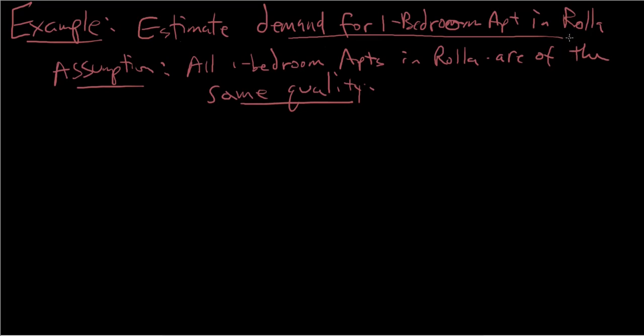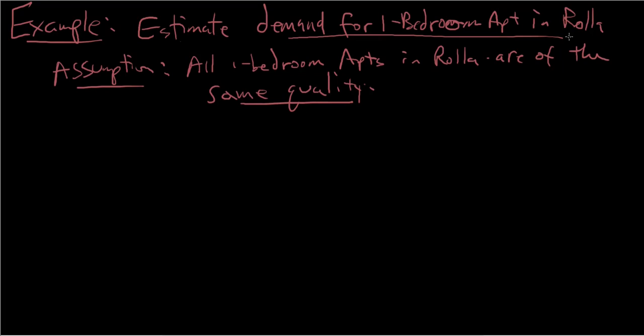Again, the idea here is that we want to find out buyers' willingness to purchase, in this case, to rent the apartment, right? If you do the same thing as in the bacon cheeseburger example, we can ask, if the rent is $500 a month, then how many one bedroom apartments are you willing to rent?